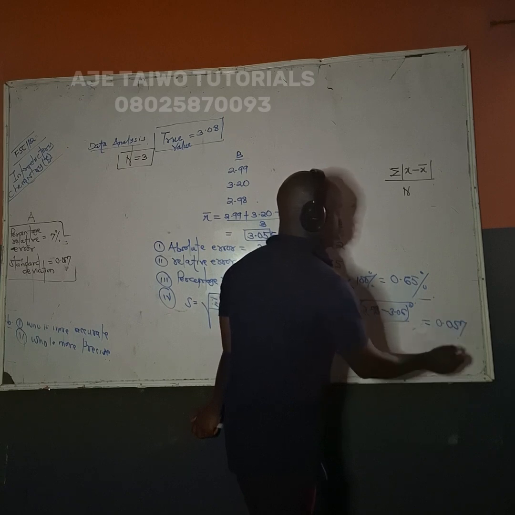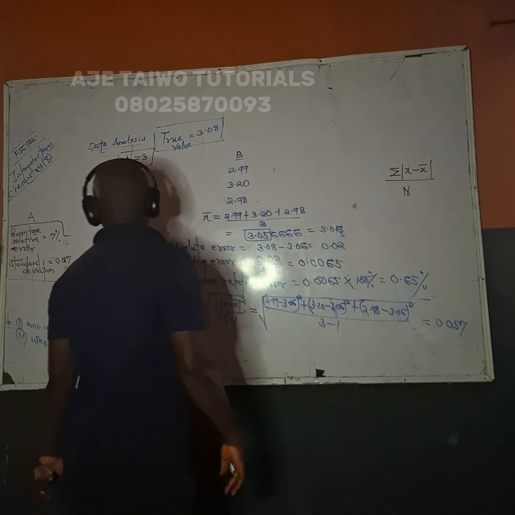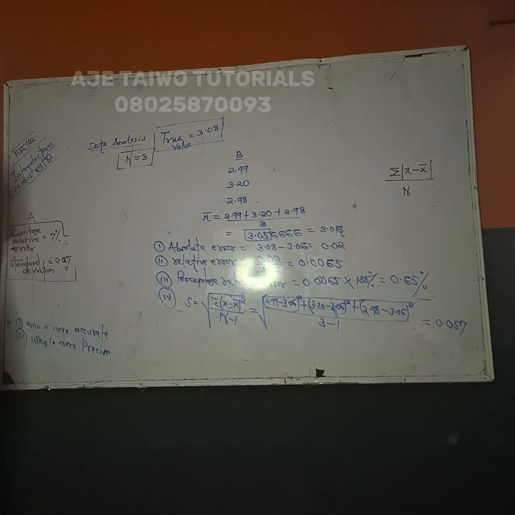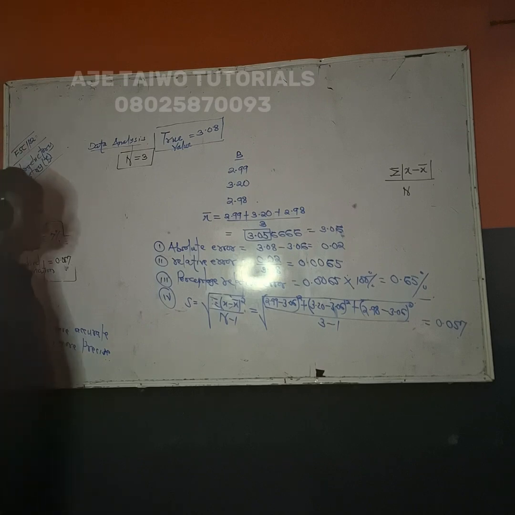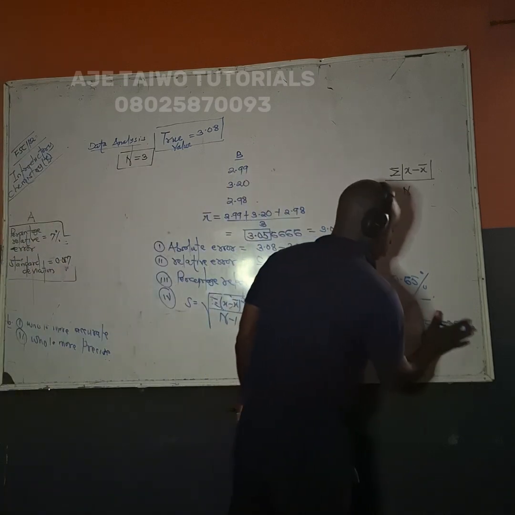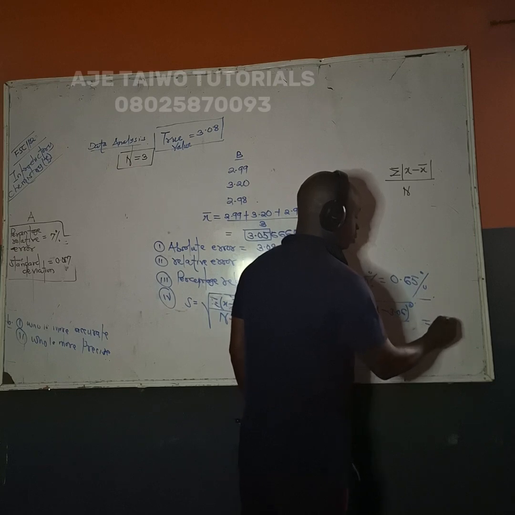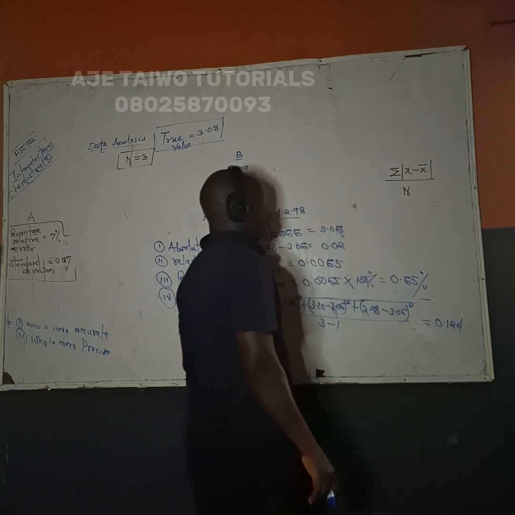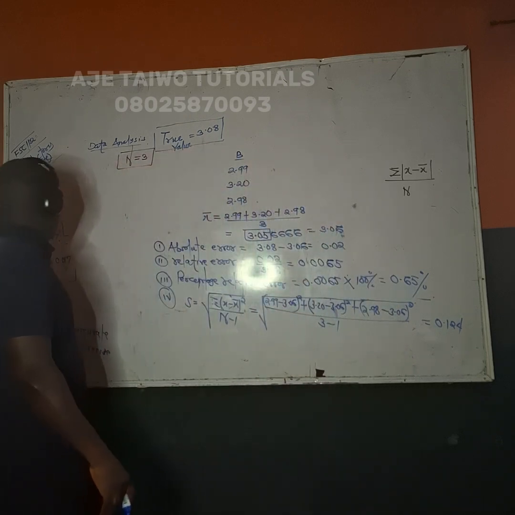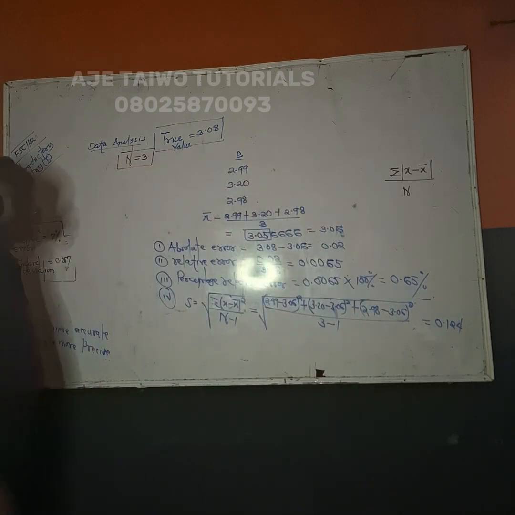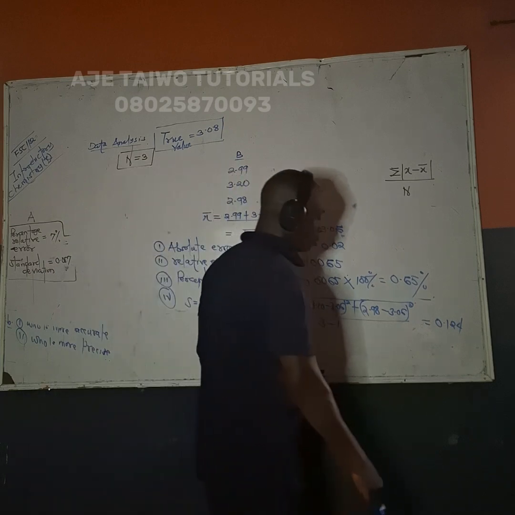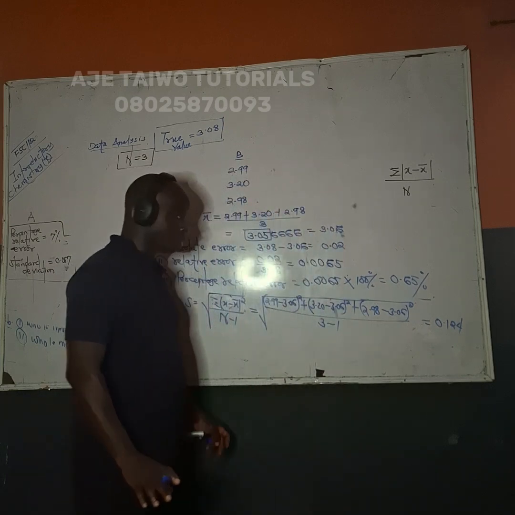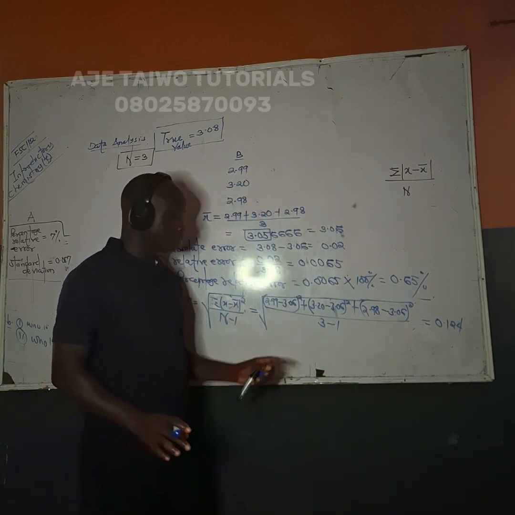0.057. Did you approximate? Okay, please tell me. 0.124. Wait. You should get the same answer.